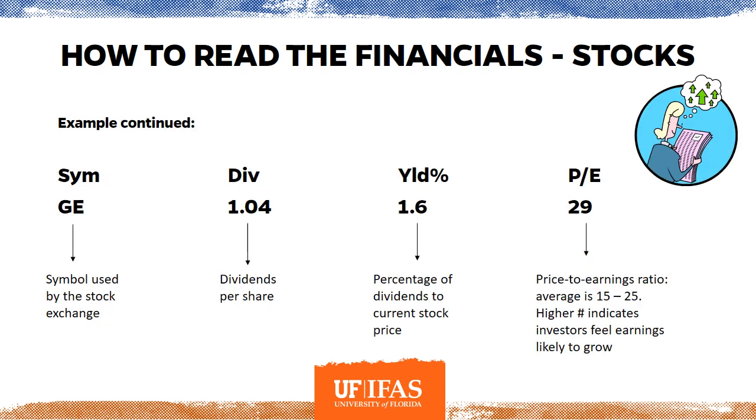So we know that the symbol for this stock we're talking about, the company that sold this stock, is GE. We're talking about a share of stock in the company General Electric.